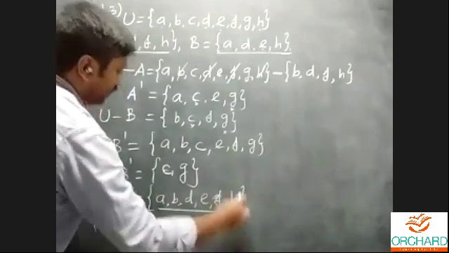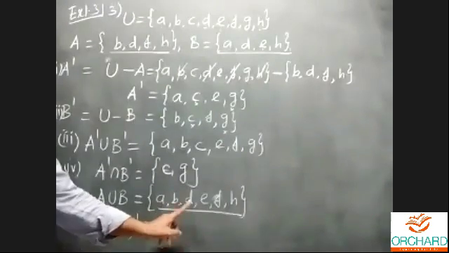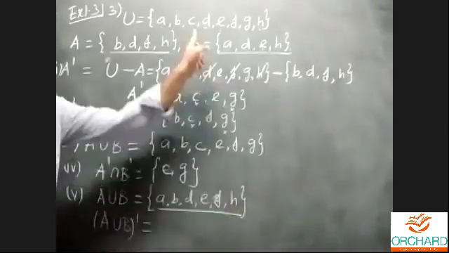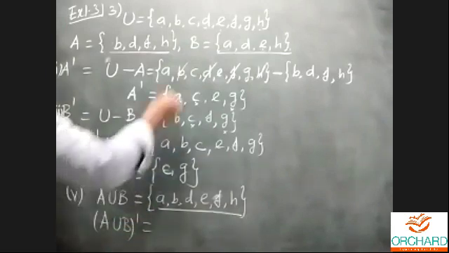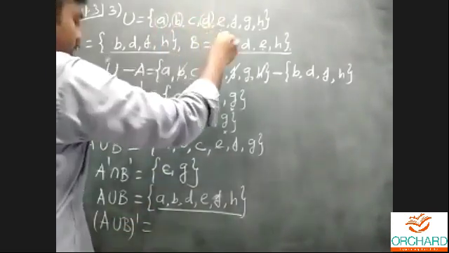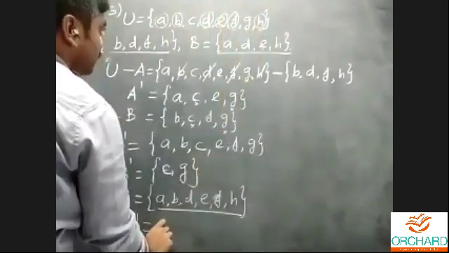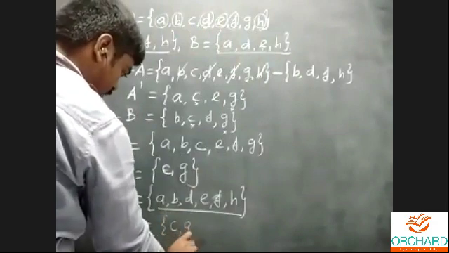Remove these elements from the universal set: remove the elements A, B, D, E, F, H from the universal set. Just encircle A, B, D, E, F, H. What is the answer? The elements C, G.